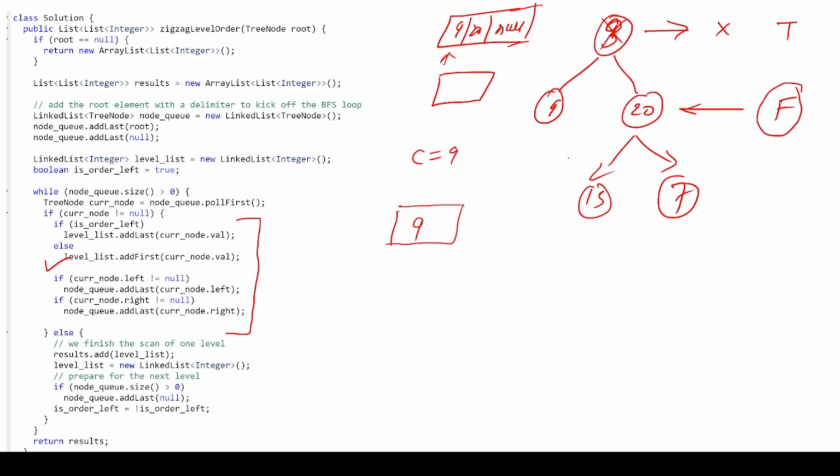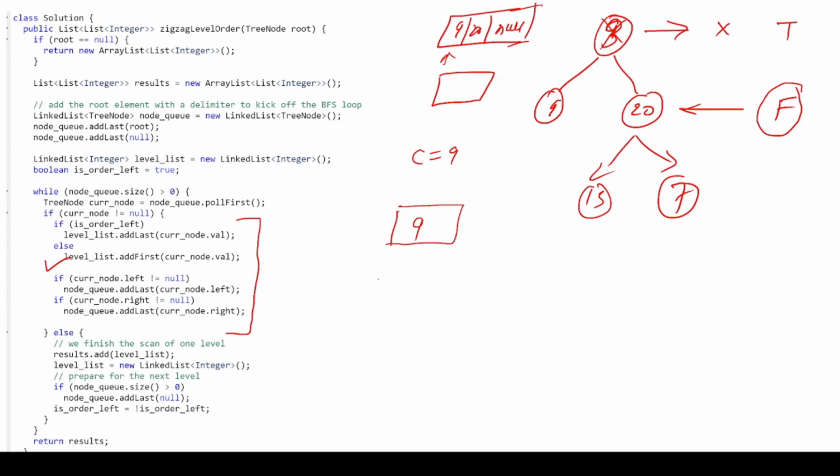Sorry, we have 9 and 20, yes, 9 first. So like this we will come. Next we will check its left and right element. At last we will add this element, going to the last element. It is true, yes, correct.